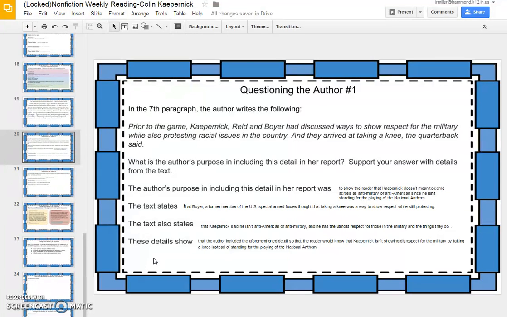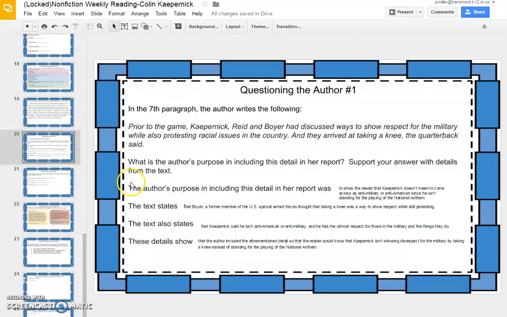The text also states that Kaepernick said he isn't anti-American or anti-military, and he has the utmost respect for those in the military and the things they do. These details show that the author included the aforementioned detail so that the reader would know that Kaepernick isn't showing disrespect for the military by taking a knee instead of standing for the playing of the national anthem.